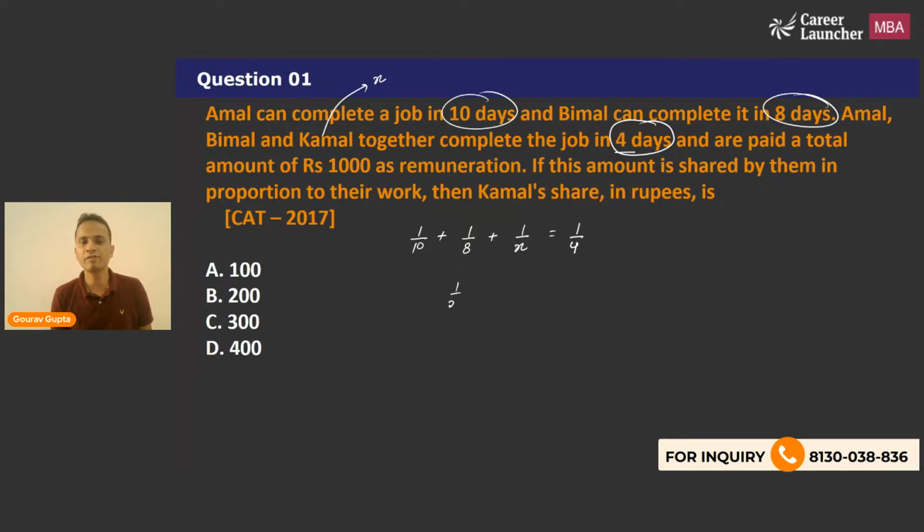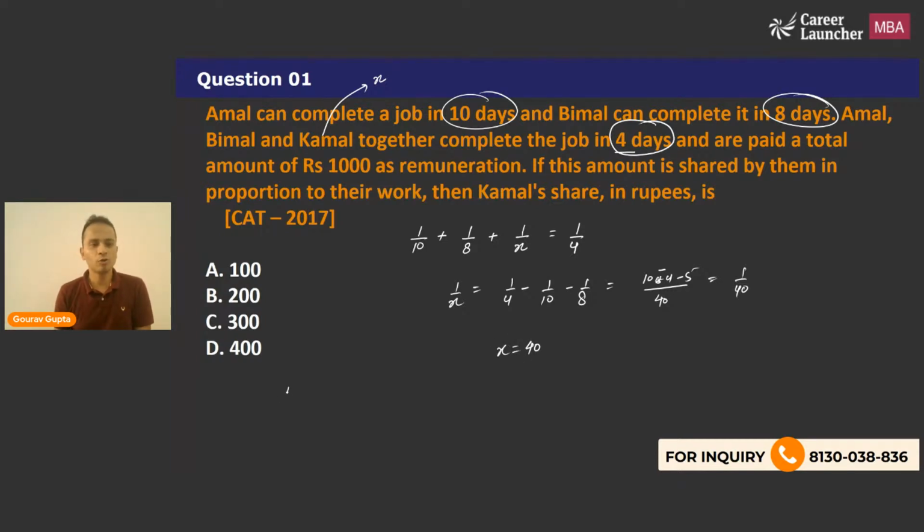So 1 upon x will be equal to 1 upon 4 minus 1 upon 10 minus 1 upon 8. Simplify this, very basic calculations. LCM is 40, so 10 minus 4 minus 5, and that comes out to be 1 upon 40. So the value of x is equal to 40.